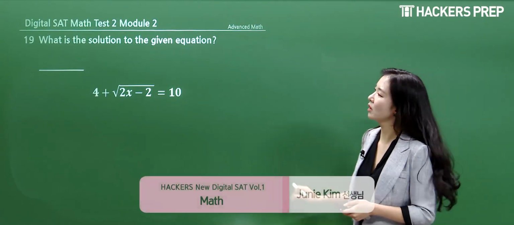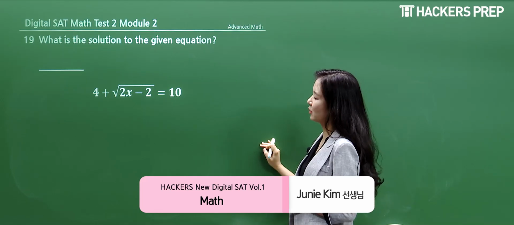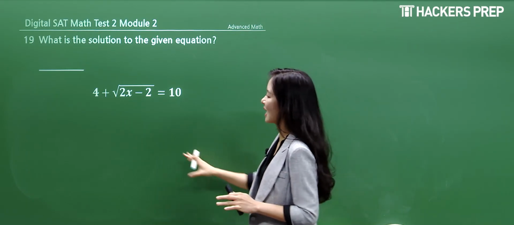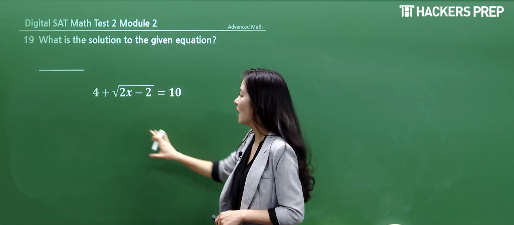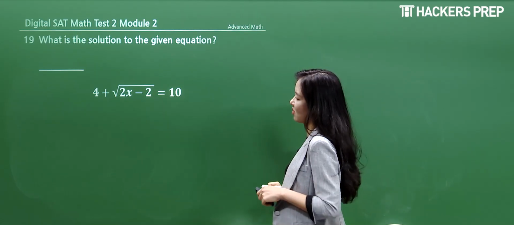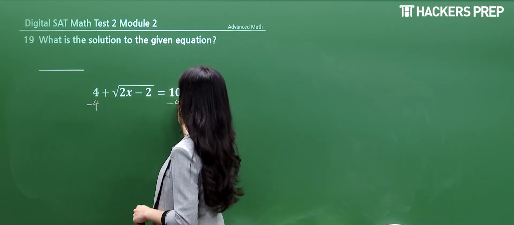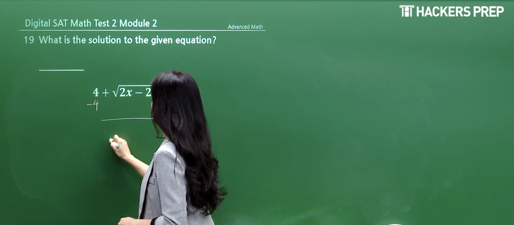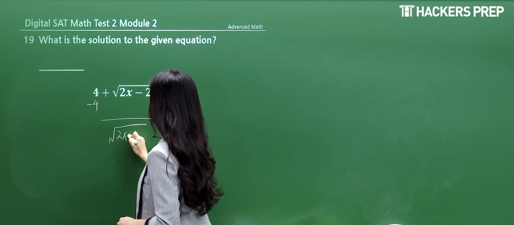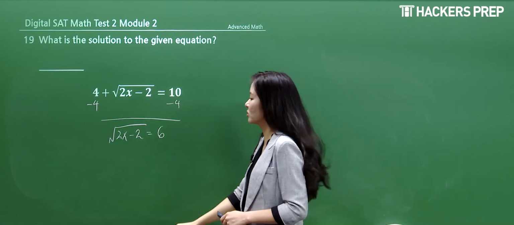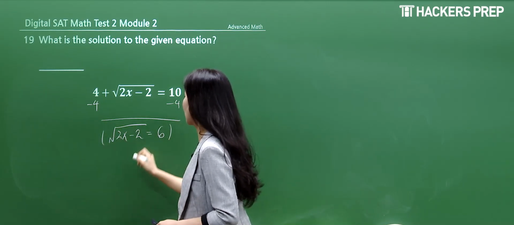Question 19. What is the solution to the given equation? It's pretty simple, right? All we have to do is just isolate x on one side and then get all the constants to the other side. So let's do that. Again, working with the square roots, let's square both sides.